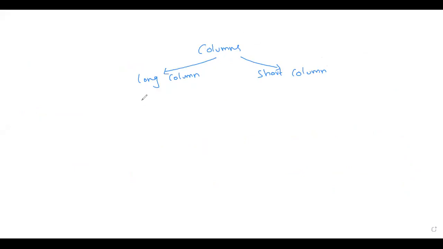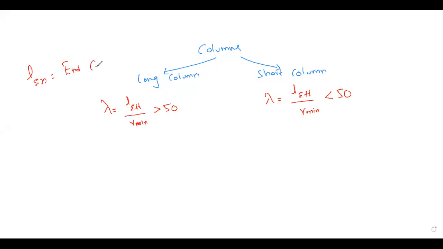How to decide whether the column is a long column? Here, lambda, L effective by R minimum, is greater than 50. For a short column, lambda equal to L effective by R minimum is less than 50. This is called a short column, and this is called a long column. This is how you are going to decide. How you get L effective based on the end conditions, we will see based on the end conditions.